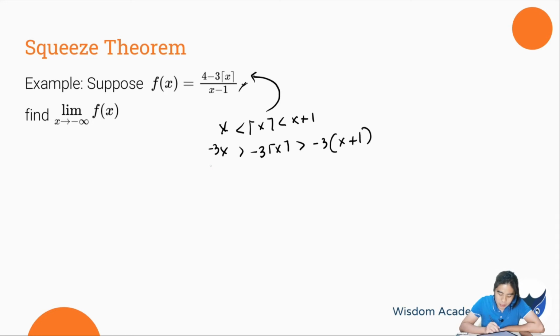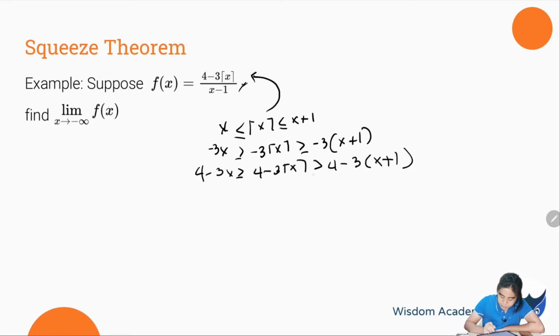Next, mag-add tayo on all sides by 4 para makuha yung numerator natin na 4 minus 3 ceiling of x. Lastly, magde-divide tayo on all sides by x minus 1.